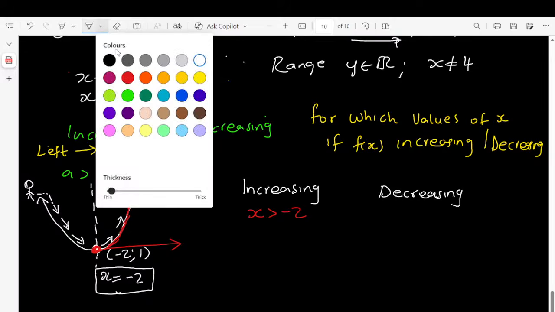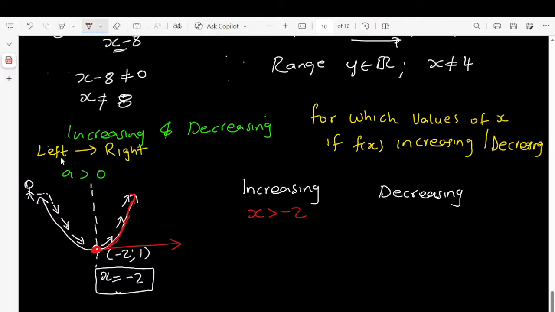Where are you decreasing? You are decreasing this side. Né? Maybe we should also. You are decreasing this side. You see? This side like this, you are decreasing. So this tells us that you are decreasing from this point, moving that direction. So x must be less than -2. So that's how you explain the increasing and decreasing function.